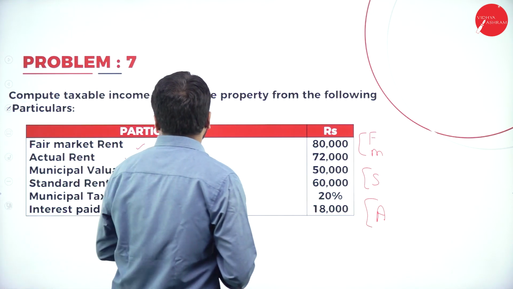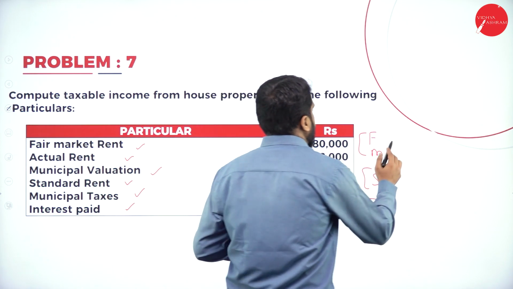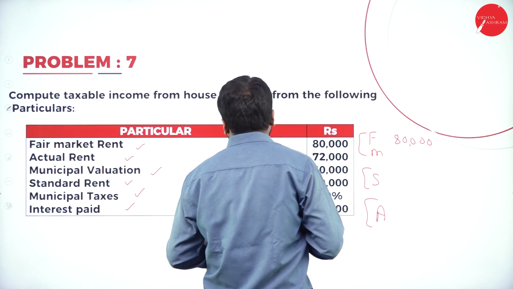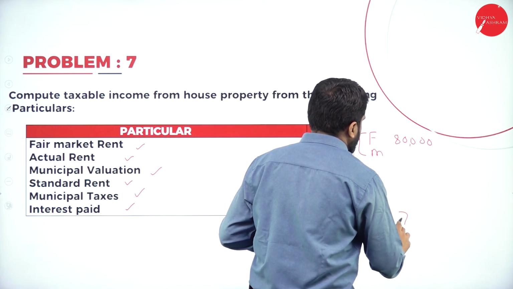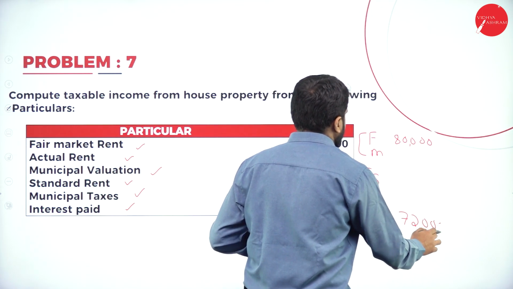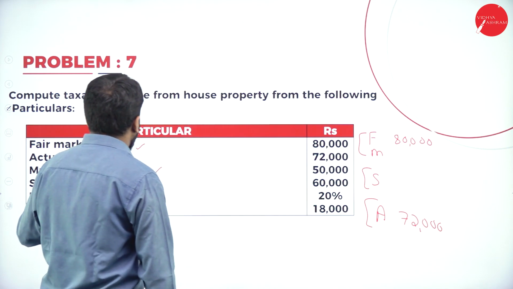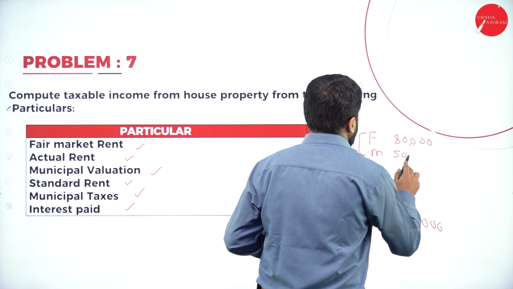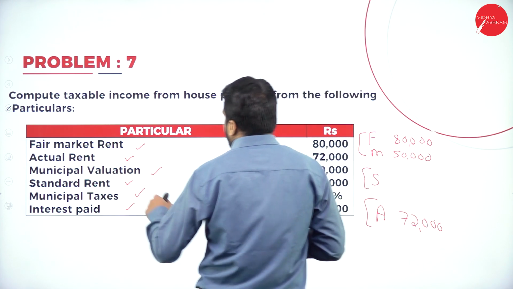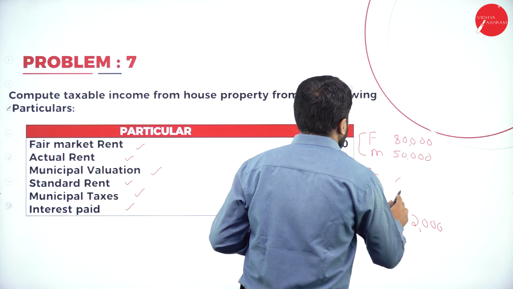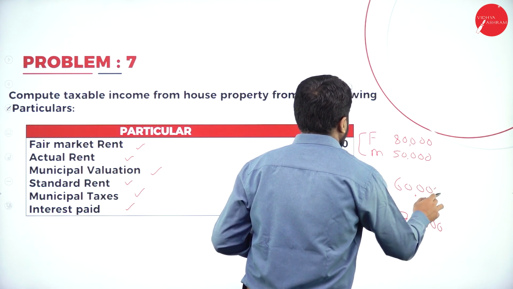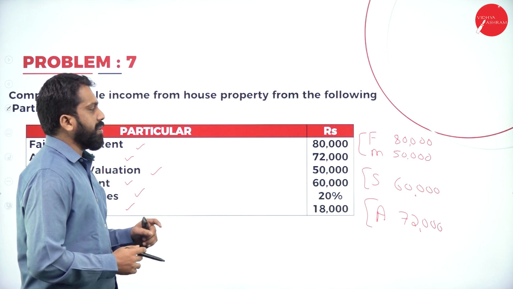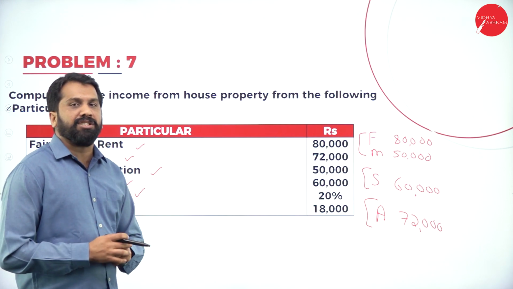In this, your fair value is how much? They have given 80,000. Your actual rent is 72,000. Then your municipal valuation is 50,000. Your standard rent is 60,000. So these are the values we have: fair, municipal, standard as well as actual.